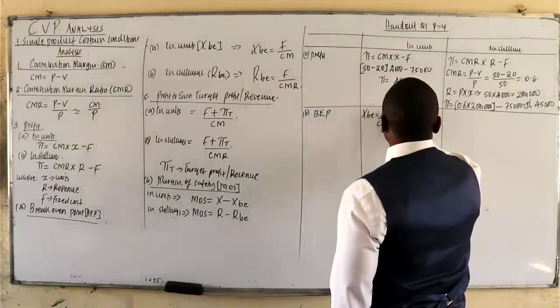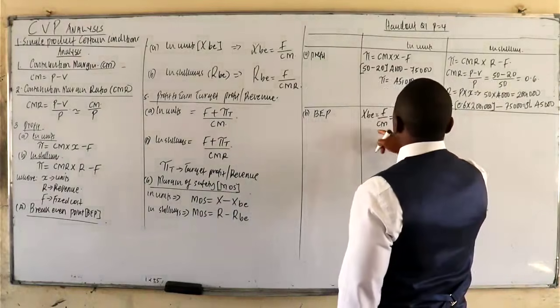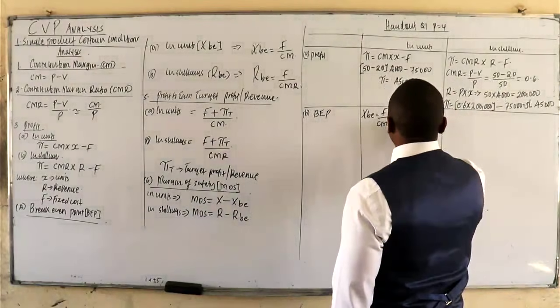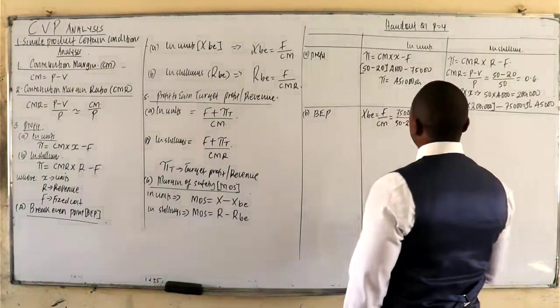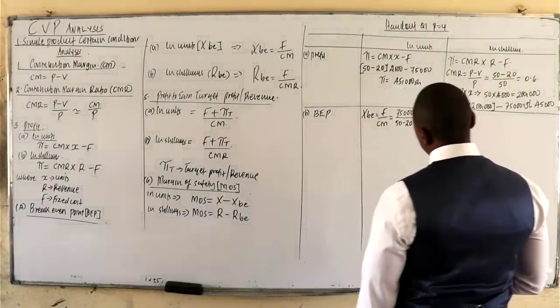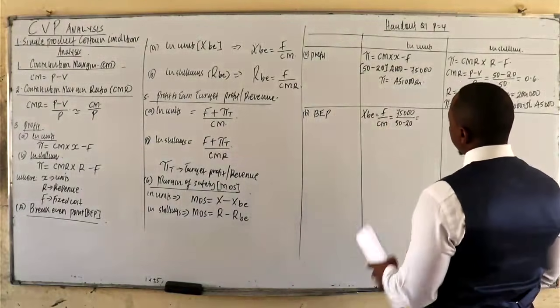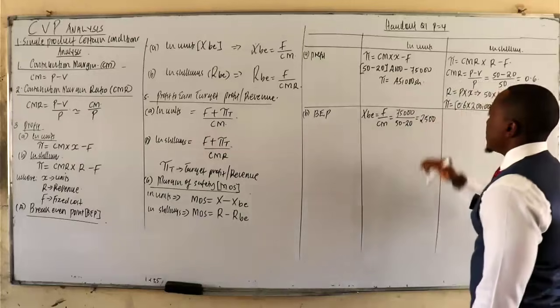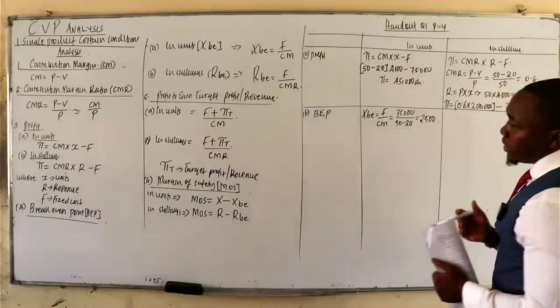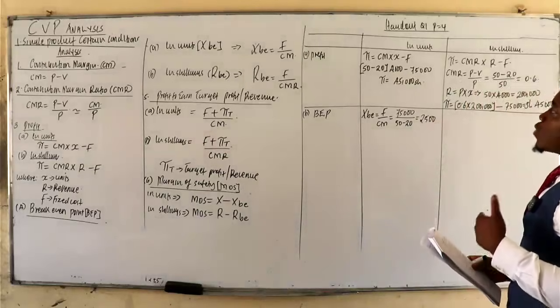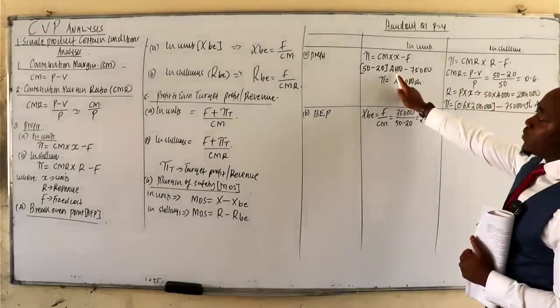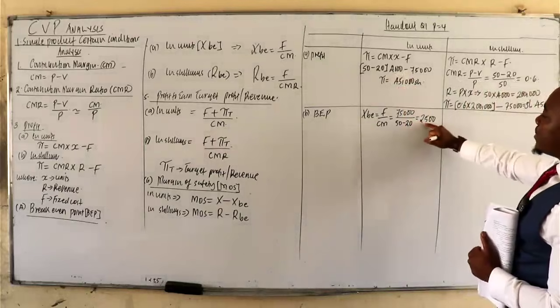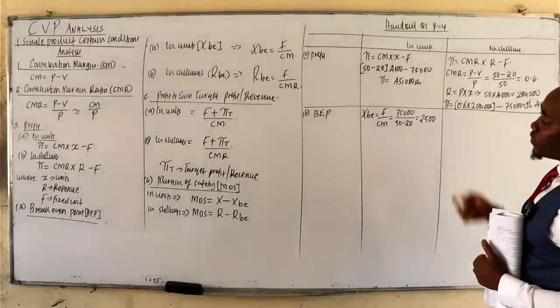Fixed cost we have is 75. Contribution margin is the selling price minus variable cost. So how many units should we sell for us to break even? 2,500. Now, this is the number of units we must sell for us to break even. That means any quantity above, remember our X was 4,000, any units above 2,500 is what you call the margin of safety.